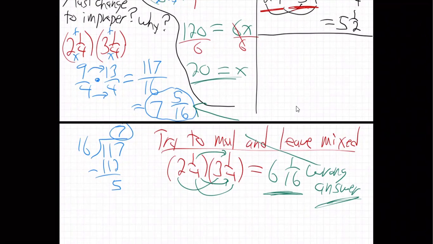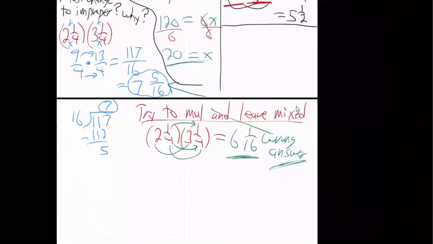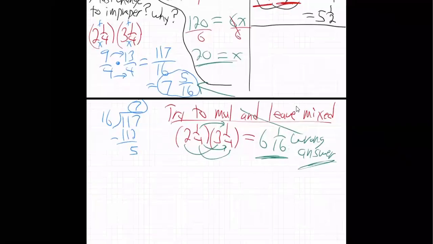Do you see that? I just wanted to prove to you why we always say you have to change them to improper. It's because if you multiply them, trying to leave them mixed, you get the wrong answer. Now, why? I still haven't totally answered the why. It's because of what a mixed number is. What is 2 1/4? It's really 2 plus a fourth.